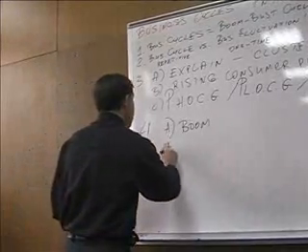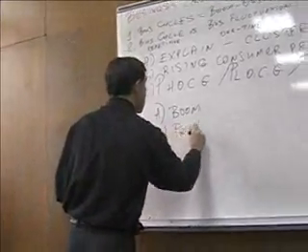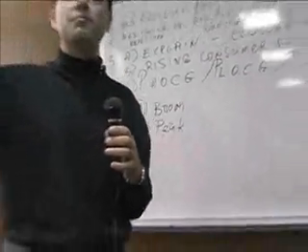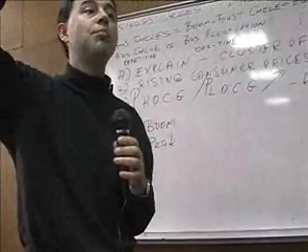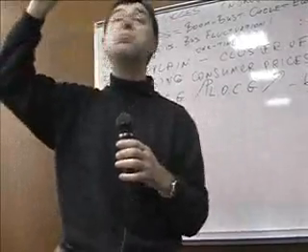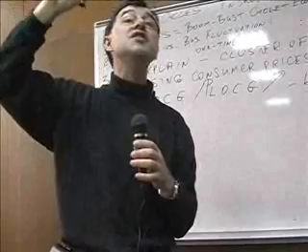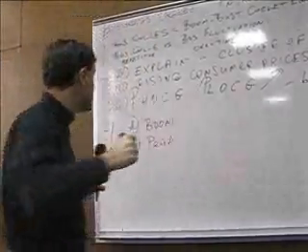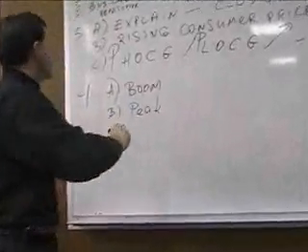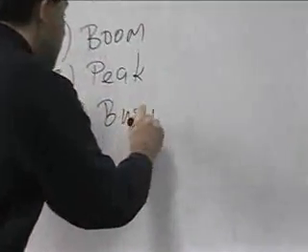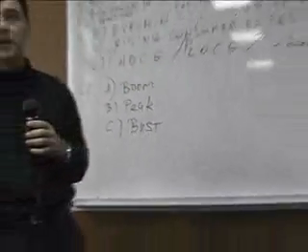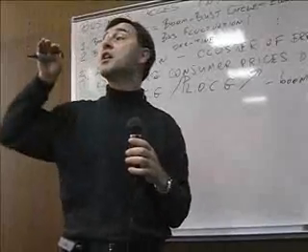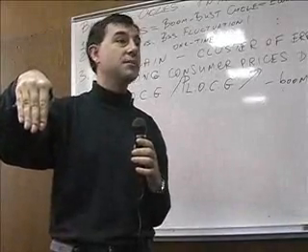Then you have the peak, and the peak represents the top portion of the business cycle, the point after which the economy begins to go down, or the economy begins to contract. The third is called a bust, and this represents the lower portion of the business cycle.